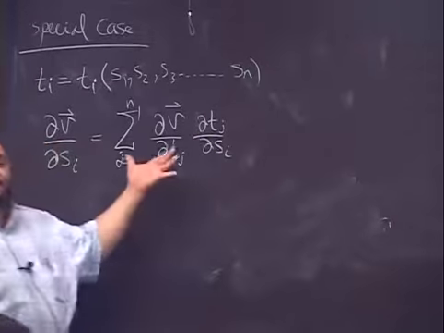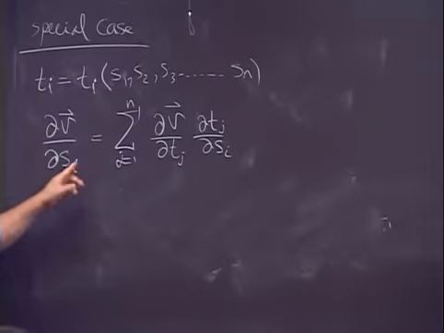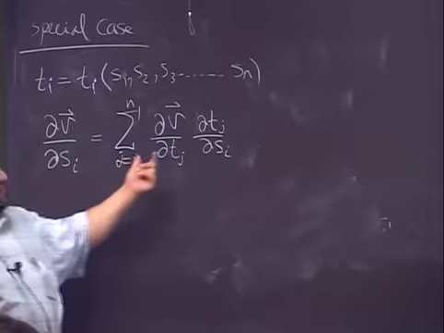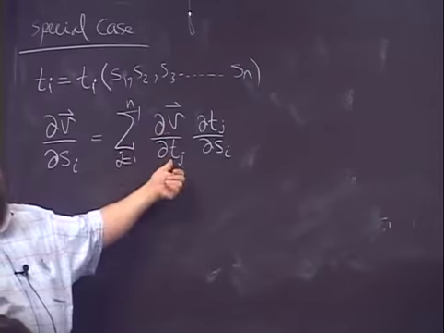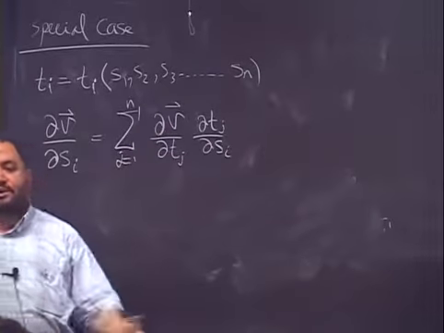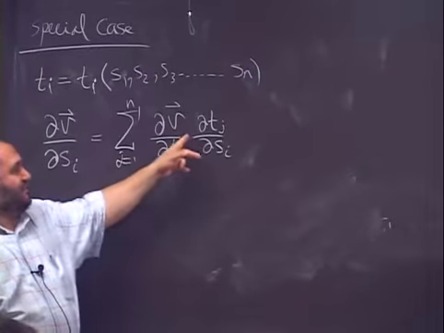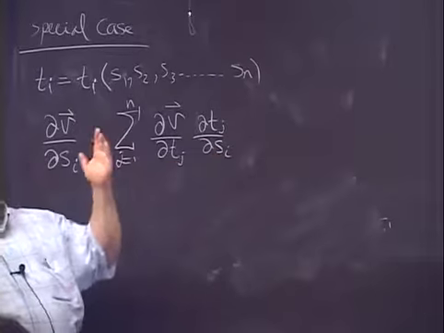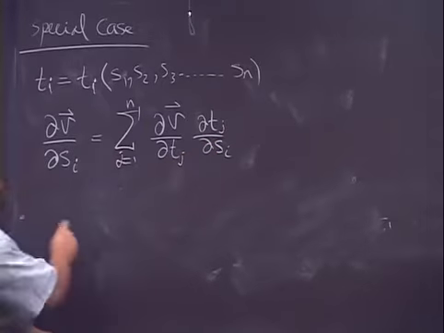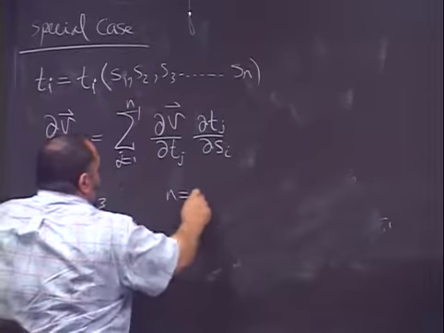So what we are saying here is, if I want to calculate the partial derivative of v with respect to the independent variable si, this will be the rate of change of v with respect to tj, and how many t's are here? n. So this will be dv by dt1 multiplied by the partial derivative of t1 with respect to si. Let's assume si is s3 and we have n equal to 4.